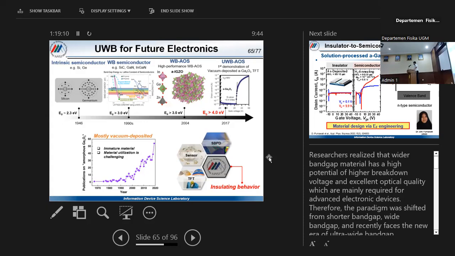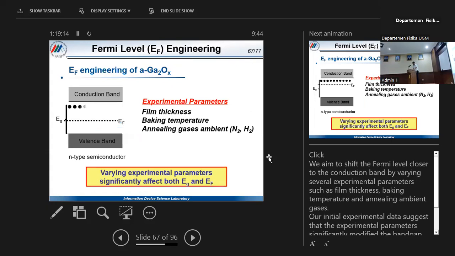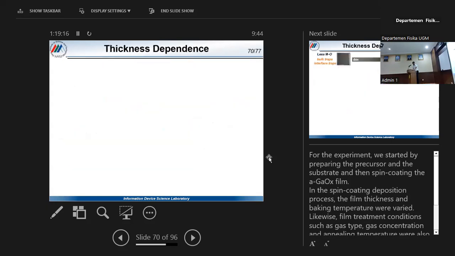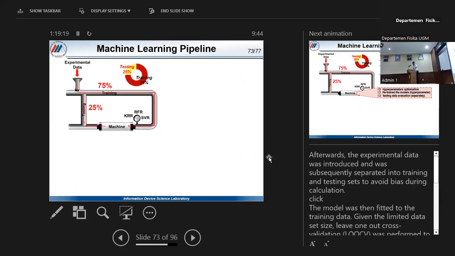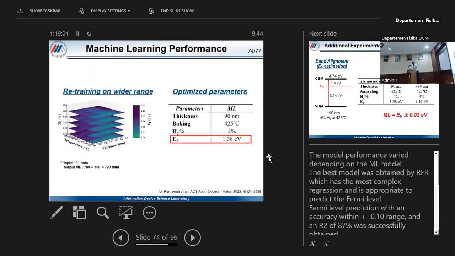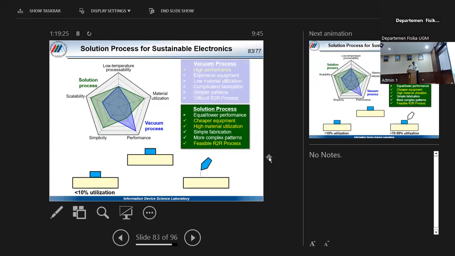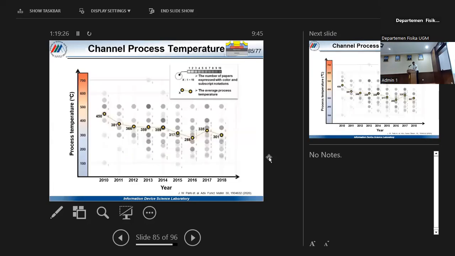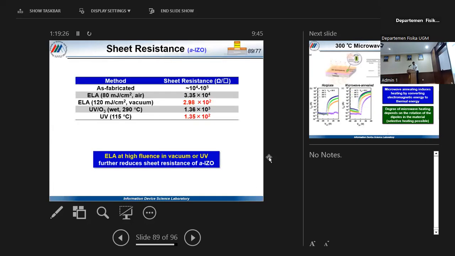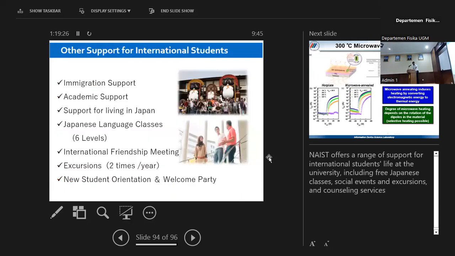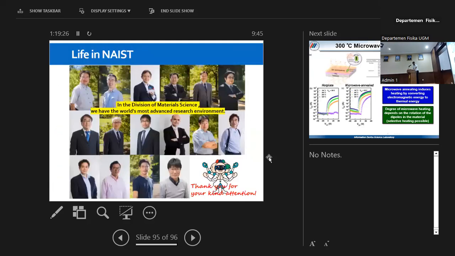Is that enough for changing all of these layers that you need, or do you have to find the optimum parameters to change all the regions into the crystalline phase?